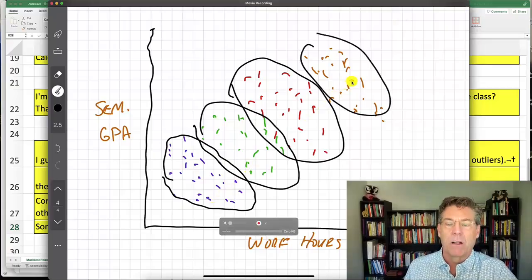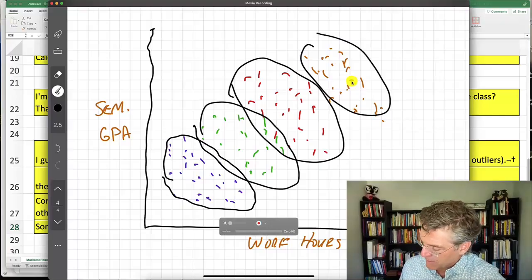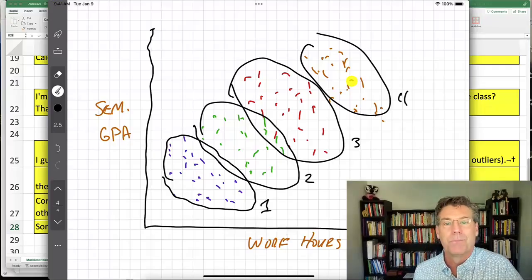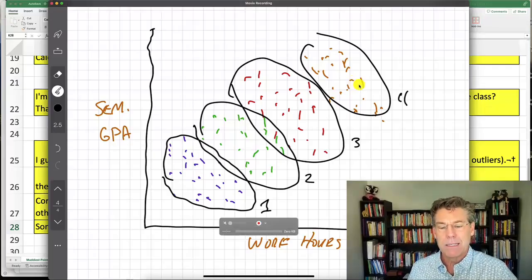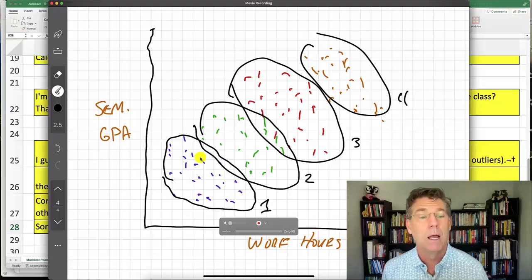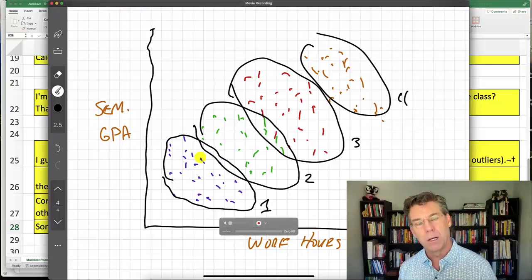What these different colors might be is first year, second year, third year, and fourth year students. You're seeing that the farther along students are in college, the more they're working. But also, the farther along you are, your GPA tends to be higher, because freshman year for many students is a struggle, and then they get a little better in sophomore year and so on.